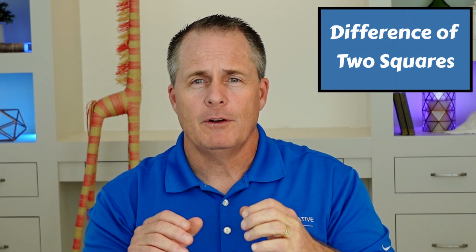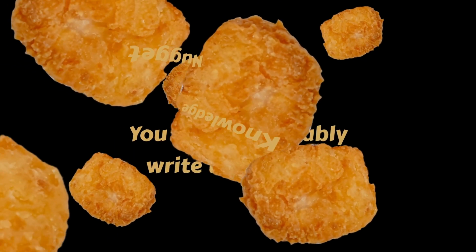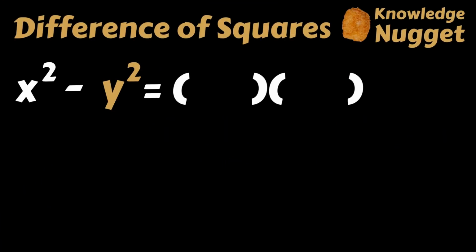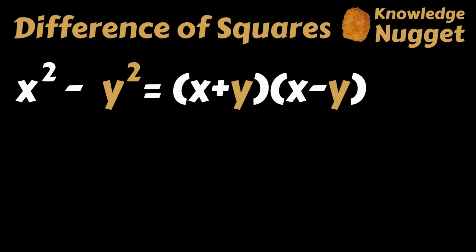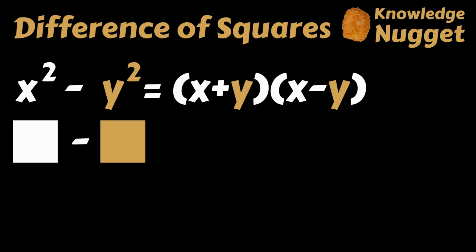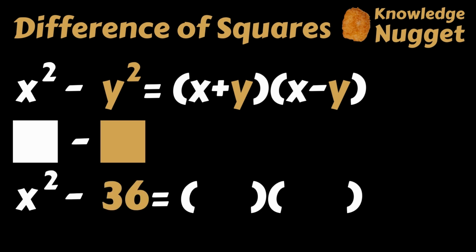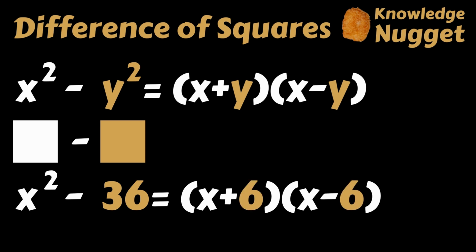The SAT loves the difference of two squares, by the way. So if you haven't memorized it, you should probably write this down. X squared minus y squared can be factored as x plus y times x minus y. For example, x squared minus 36 will be x plus 6 times x minus 6.